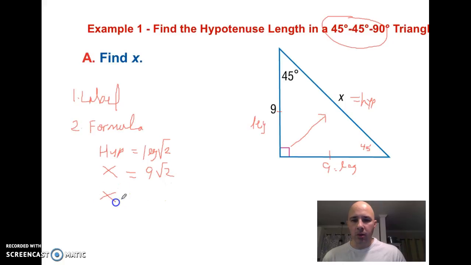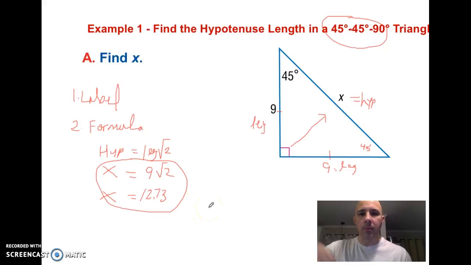If you go on the calculator and type in 9 square root of 2, it should give you 12.73. Let's round to 12.7. I'll take both of those answers. So again, pretty simple: label, formula, then substitute the values and use your calculator to evaluate.